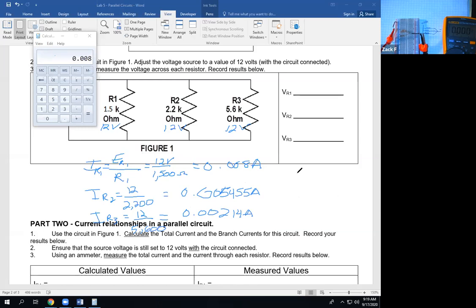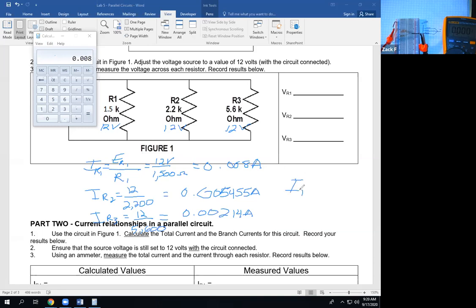So total current, if I add those up, is 15.6 milliamps.